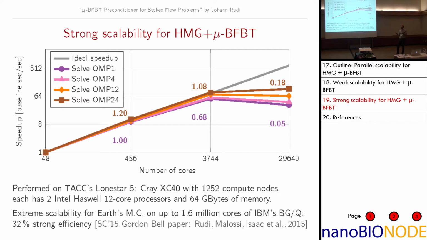And at some point you have to communicate with many processors, so communication is just taking over, and you're barely doing any computation at some point. And I think it's an inherent problem of implicit solvers. It might be a theoretical bound, and you have to see how far you can push it.